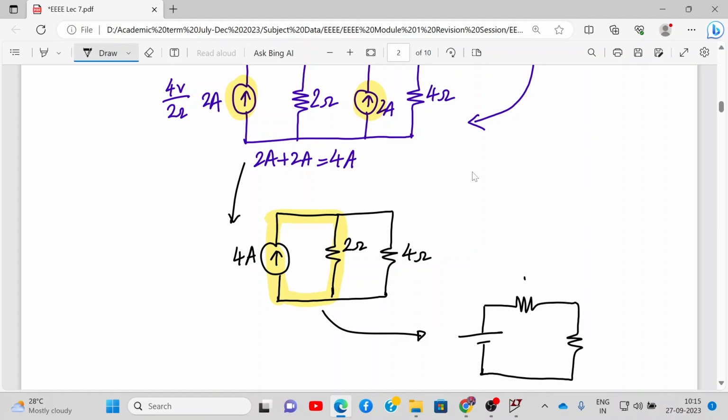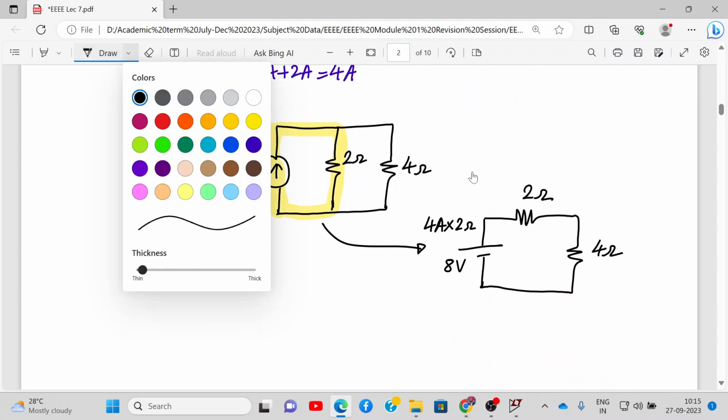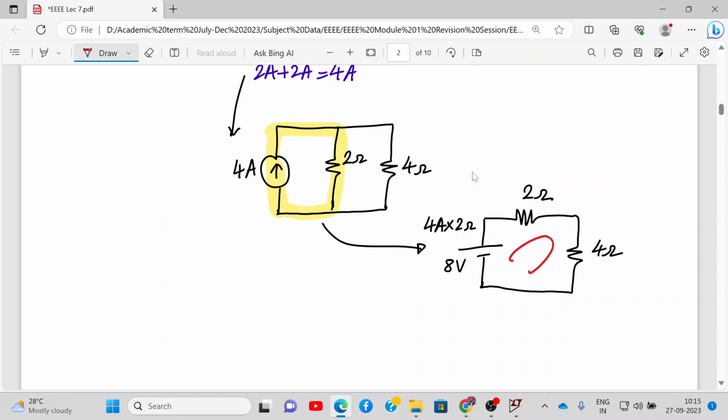Okay, so this value of resistance will be 2 ohm. What will be the voltage source value? 4 ampere into 2 ohm. That will be 8 volt. And this will be 4 ohm. Got it? And now in this circuit, if I find the value of current, that will be the current through the 4 ohm resistance. So that will be 8 volt divided by 4 plus 2.